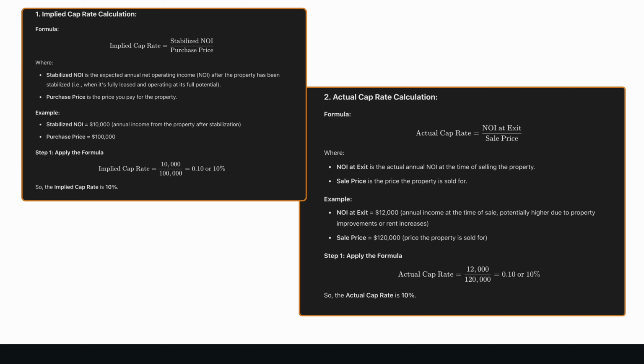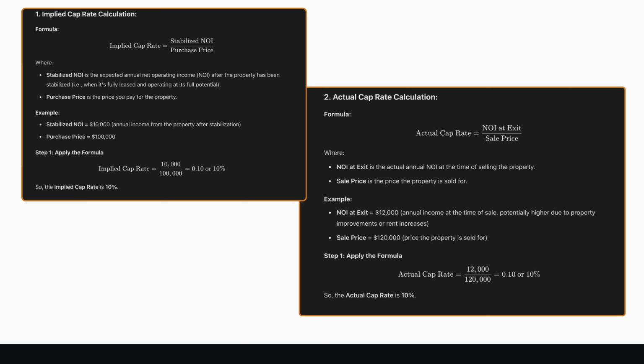Another example I have is implied cap rate and actual cap rate. You might expect questions in an interview around the difference between implied and actual. For the implied one, the formula is stabilized net operating income divided by purchase price. For example, $10,000 is the annual income from the property after stabilization.